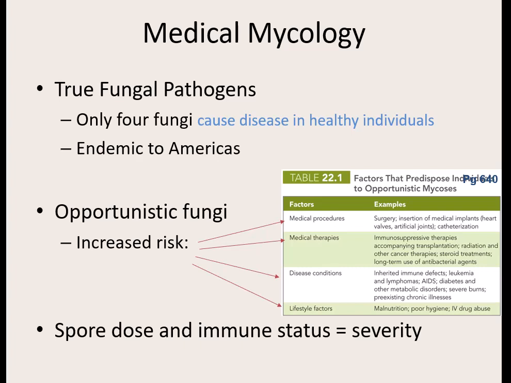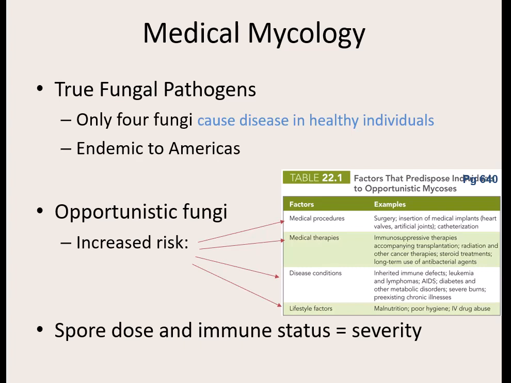If you have some other type of disease, if you have diabetes, if you've got AIDS, something that also causes other issues, puts you at a higher risk, or even lifestyle, malnutrition, poor hygiene, drug use, all can put you at an increased risk of developing these fungal diseases. And so with opportunistic fungi, the healthiest person generally doesn't get an infection unless something else is going on as well.